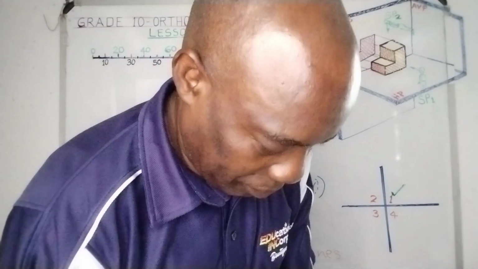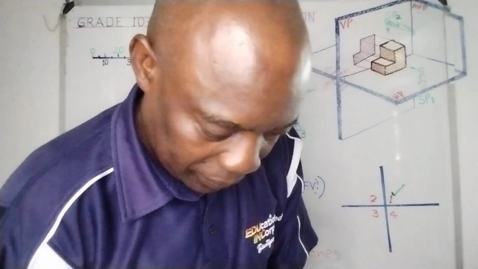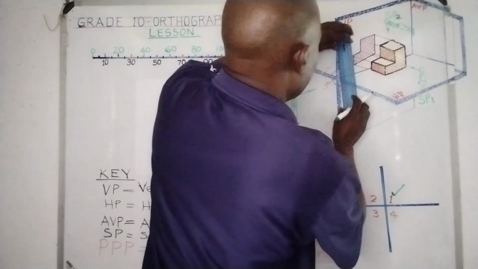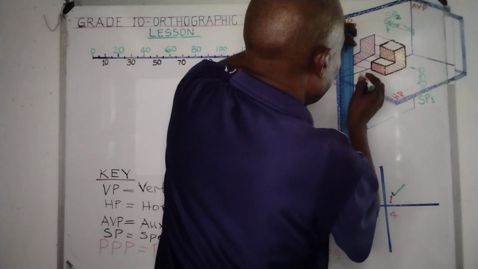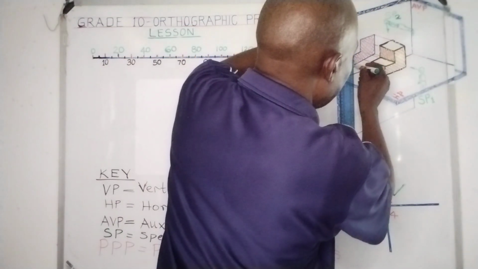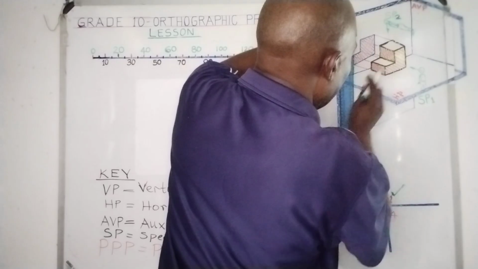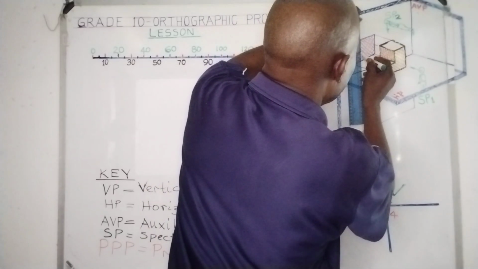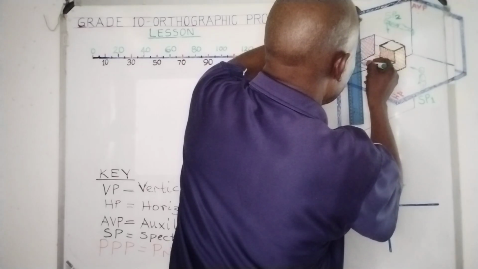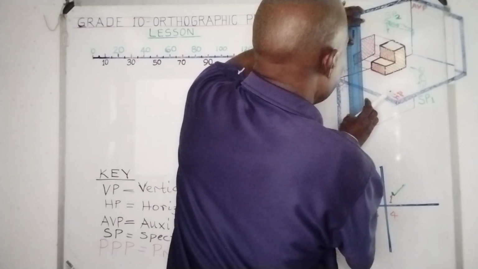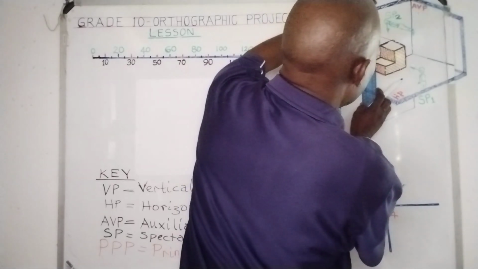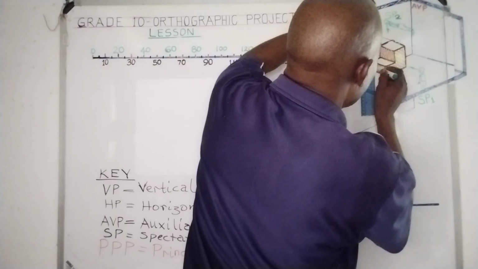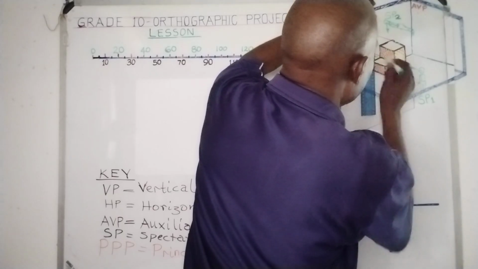Remember, it must be parallel to the horizontal plane, to be specific. Right. So now we are going to project the corners from the top view, from the block down there, to intersect these, to find the shadow of this on the horizontal plane.